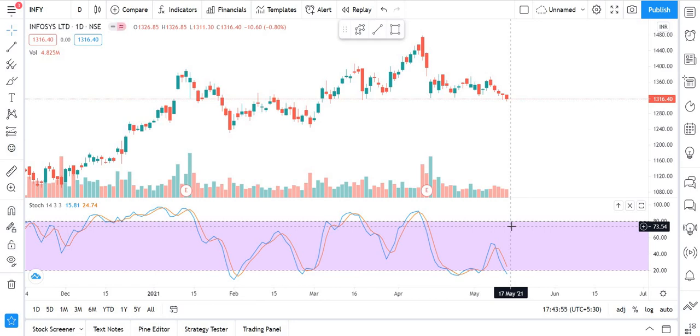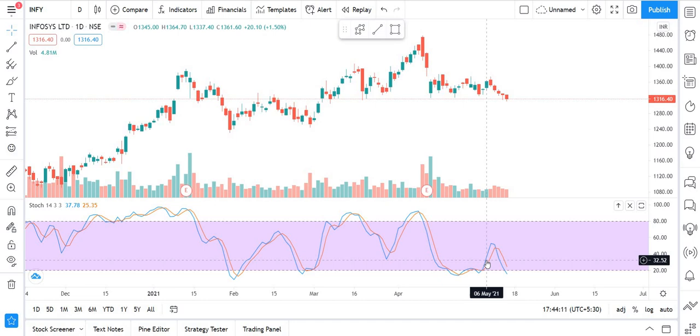You can see there is a panel made. This indicator oscillates between 0 and 100, and we have two levels at 20 and 80, and we have two different lines. One line is the percentage K line and the second line is the percentage D line.